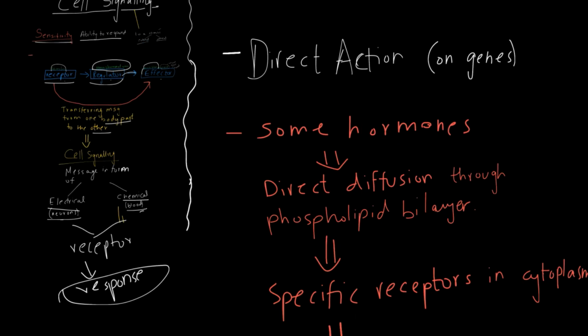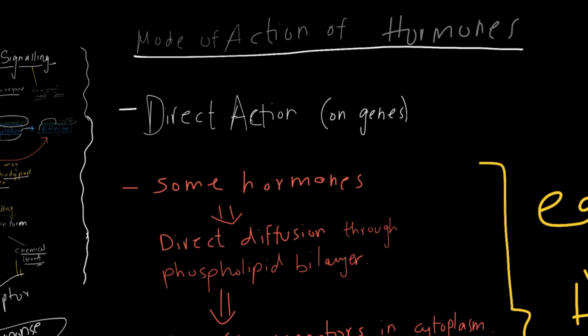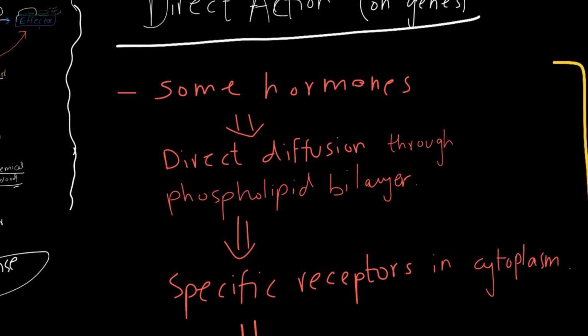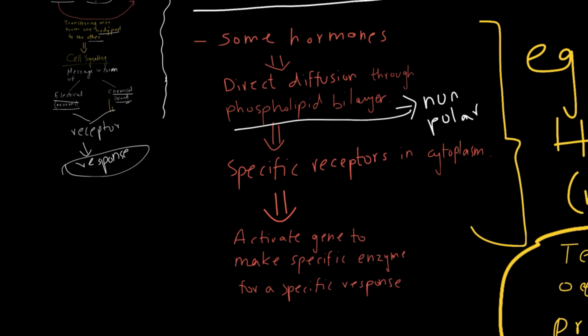Now, there are three modes of action of hormones, which is a big part of our cell membrane and transport. The first is direct action on genes. Some hormones can directly diffuse through the phospholipid bilayer. This shows that these are non-polar, because the phospholipid bilayer is also non-polar, right? Because of their non-polar nature, they can diffuse directly through the phospholipid bilayer.